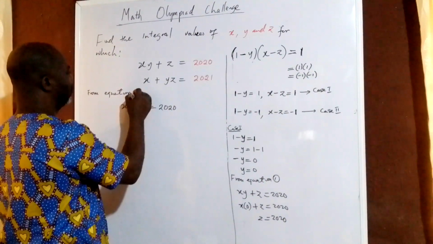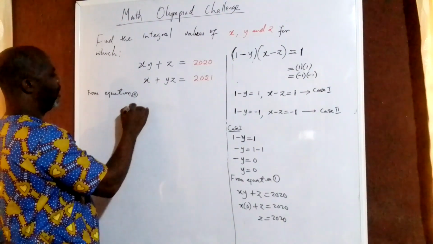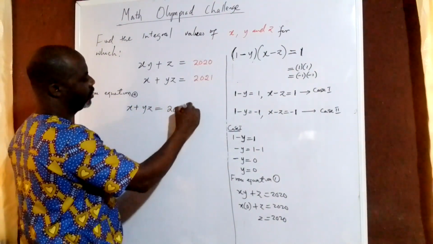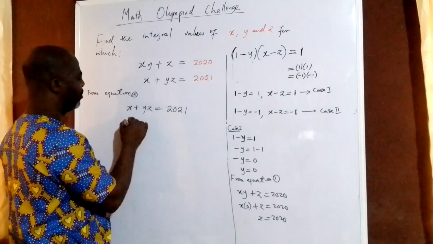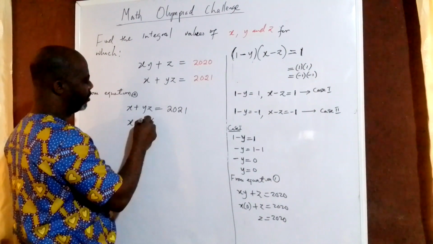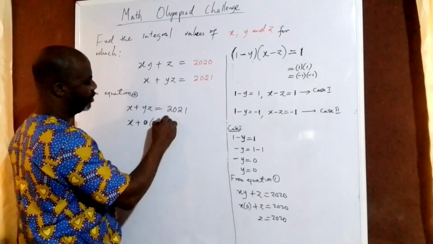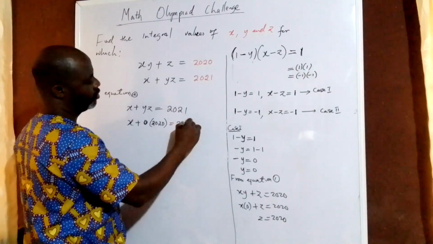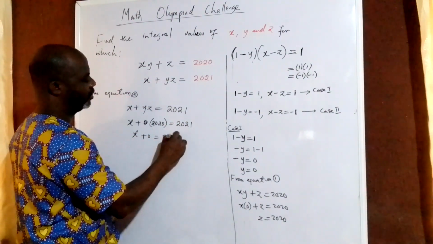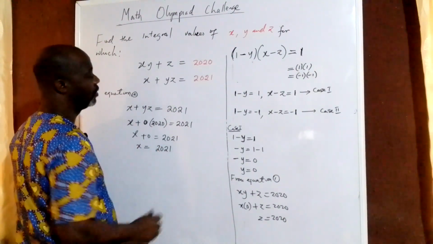X plus yz equal to 2021. So y is 0. So x plus 0 equal to 2021. So that means that x equal to 2021.